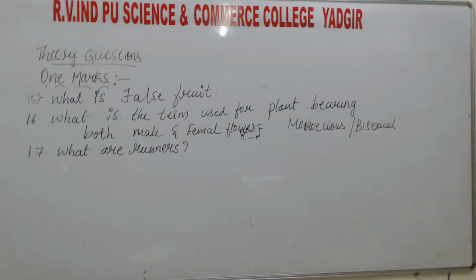Creeping stems, long nodes running horizontally on the surface of the soil. In runners we will come to know the definitions also. Then next we will go to the next question.